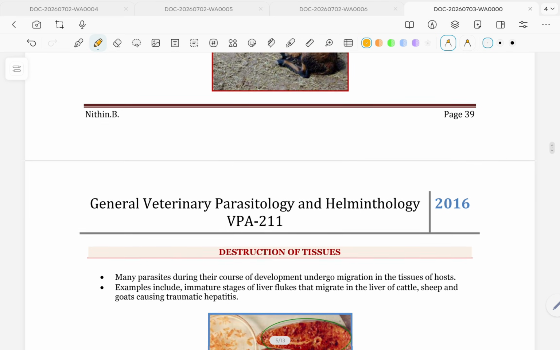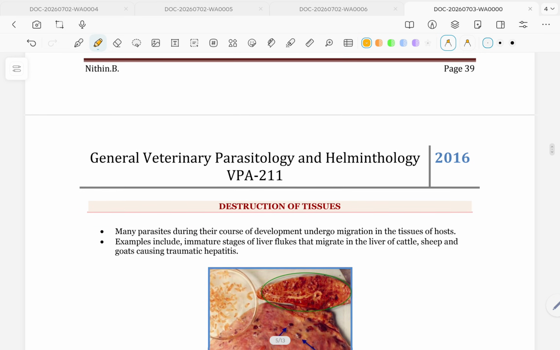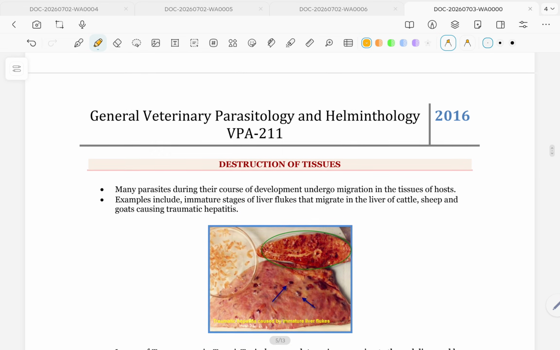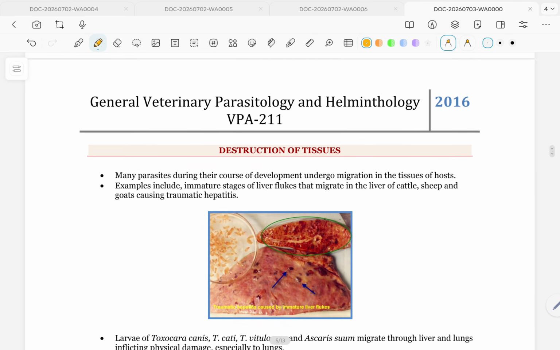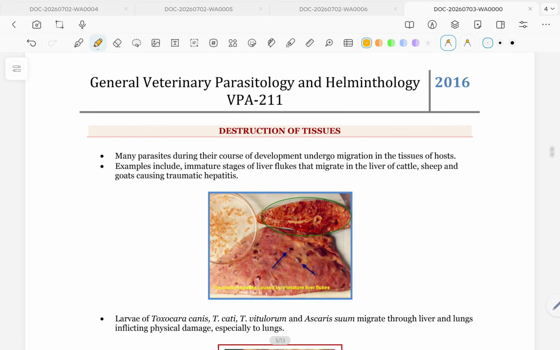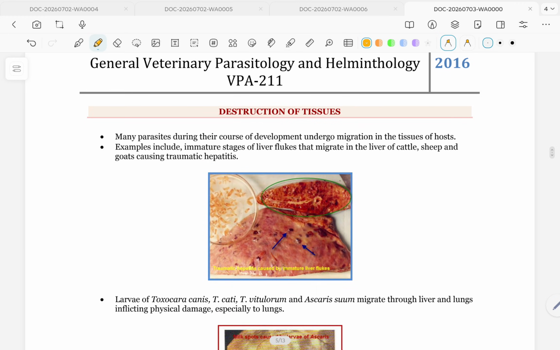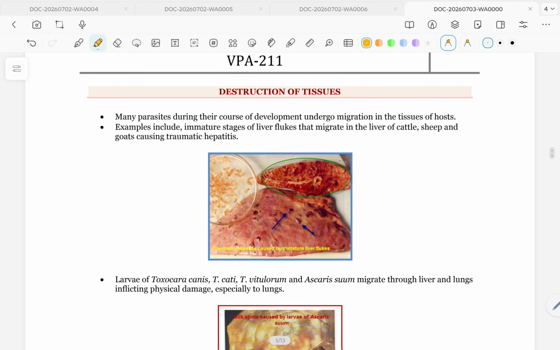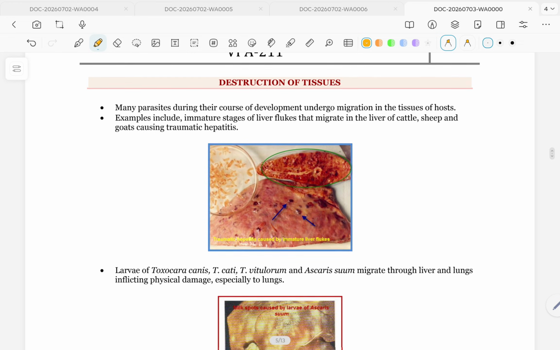Destruction of tissue. Many parasites during their course of development undergo migration into the tissue of host. Examples include immature stage of liver fluke that migrate in the liver of cattle, sheep, and goat causing traumatic hepatitis.